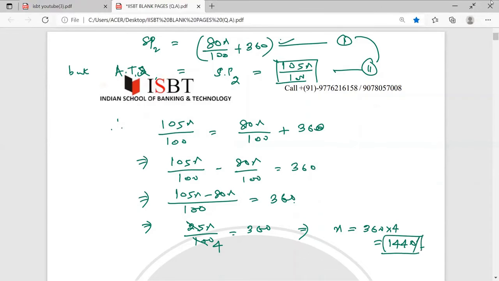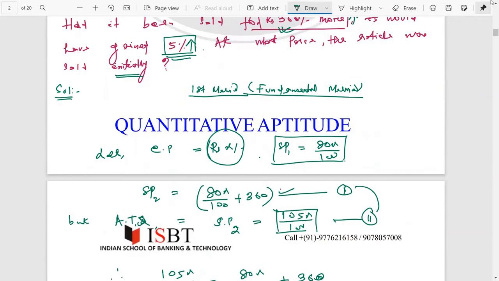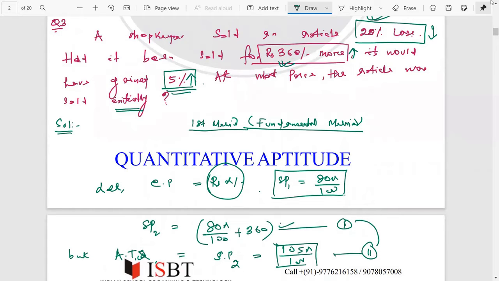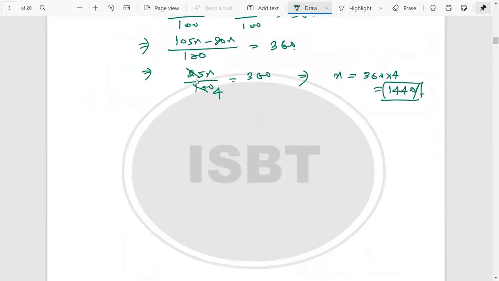But the question is, at what price was it sold initially? Initially at what percent was it sold? At 20% loss. So what should be the SP1? SP1 would be 1440 into 80%, because 20% loss means 80%.